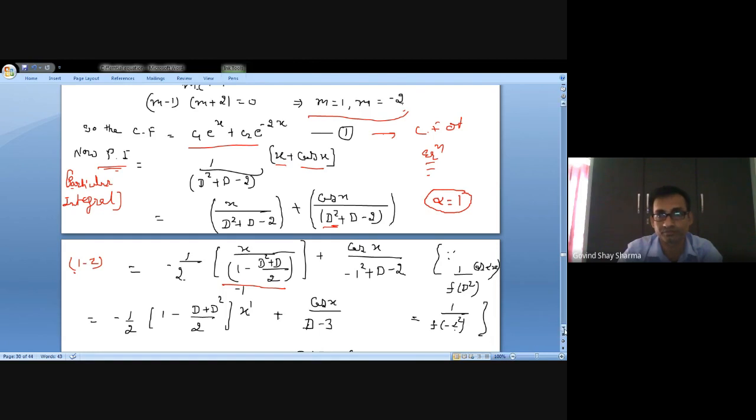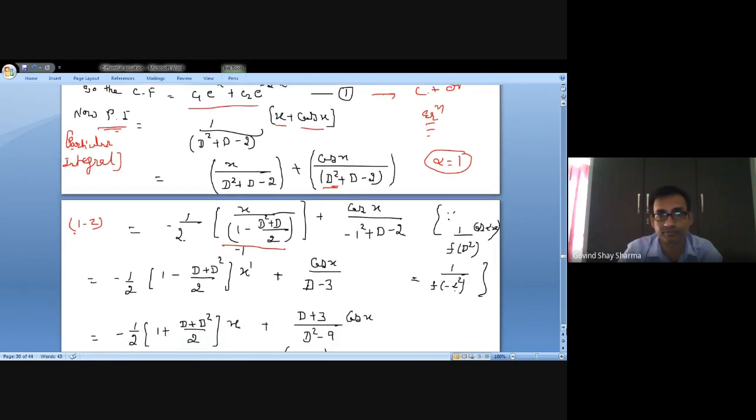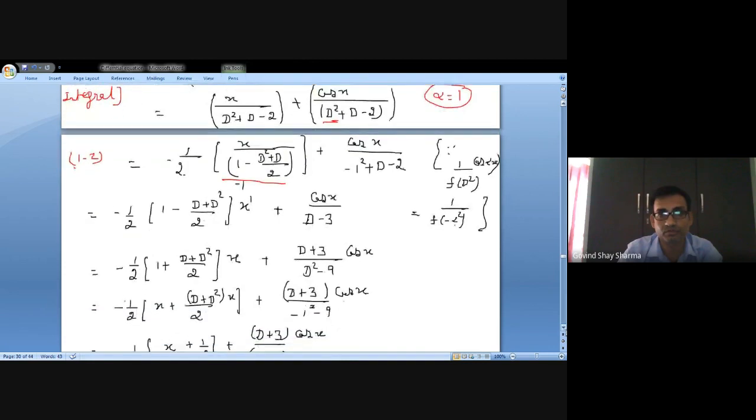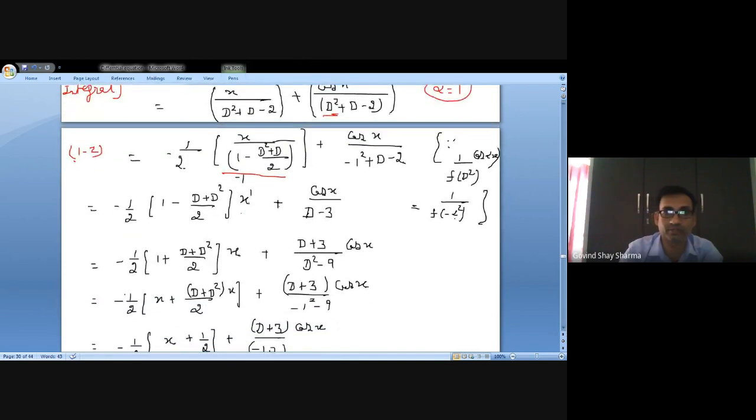So, we get d minus 1. And here we expand this term, 1 minus z inverse is equal to 1 plus z plus z square.